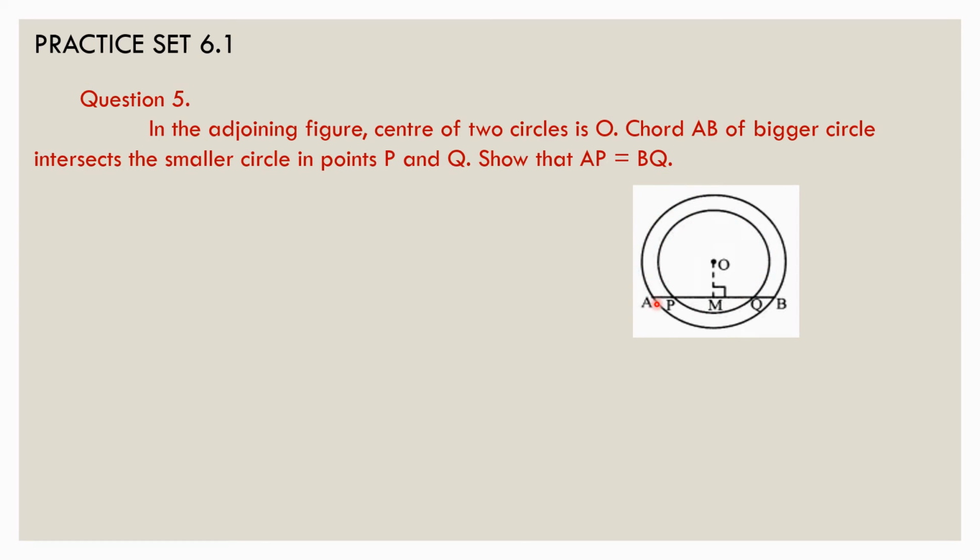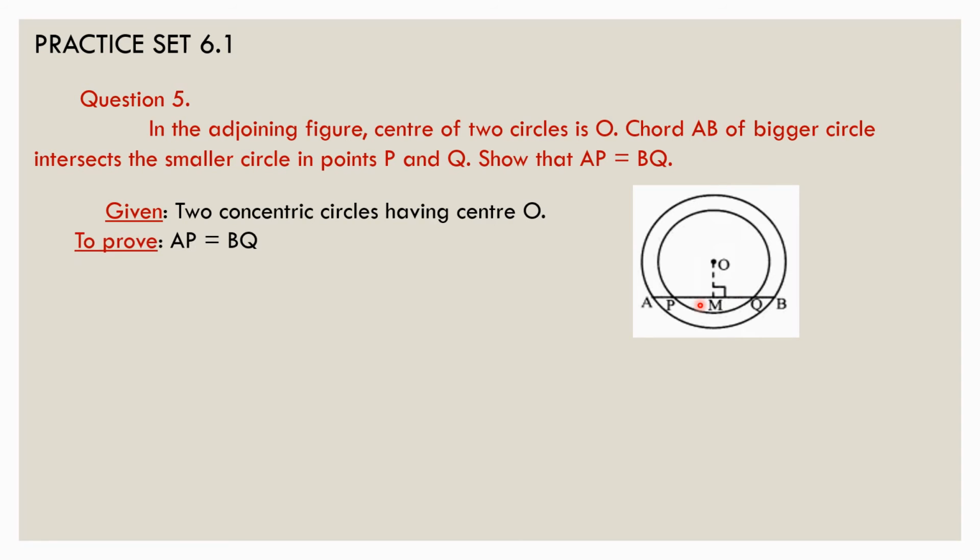Two circles having the center O are called concentric circles. And here in this question we have to prove that AP is equal to BQ. First write given: two concentric circles having center O, and to prove: AP is equal to BQ.